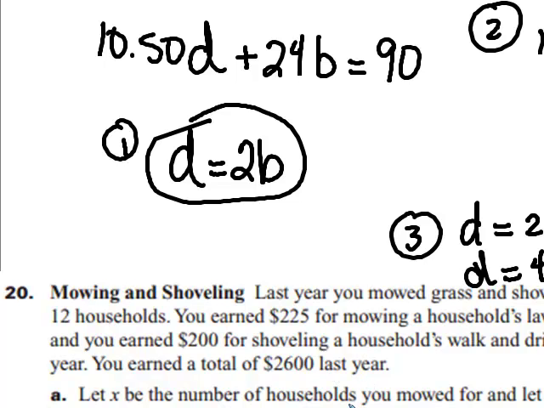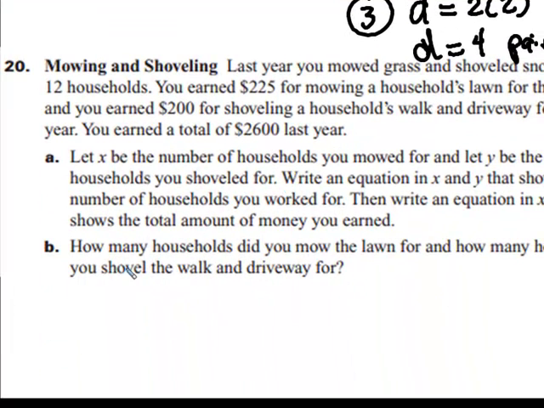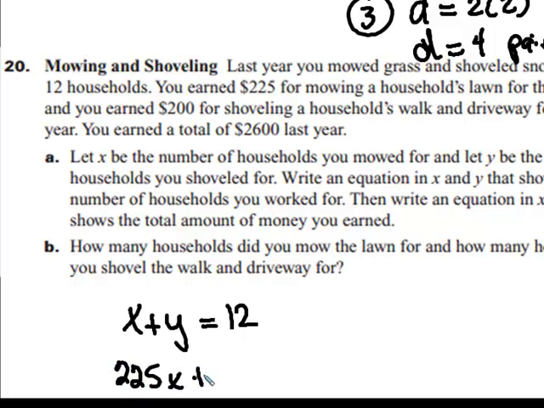They want X to be the number of households you mowed and Y to be the number of households you shoveled for. So mowing plus shoveling equaled 12 households. And I know that for mowing it was $225. For shoveling it was $200. And my total amount of money made was $2,600.